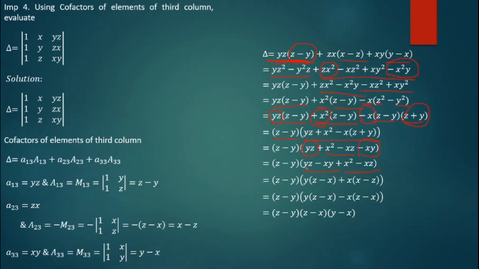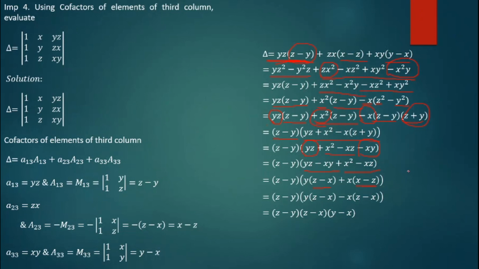Proceed. Here can I take y common? Yes. When I take y common, what I get is z minus x, plus, here I take x common, so within bracket I have x minus z. Either you arrange this one, or you arrange that one; you write in z minus x form or x minus z form. In my case, I just arranged this one.